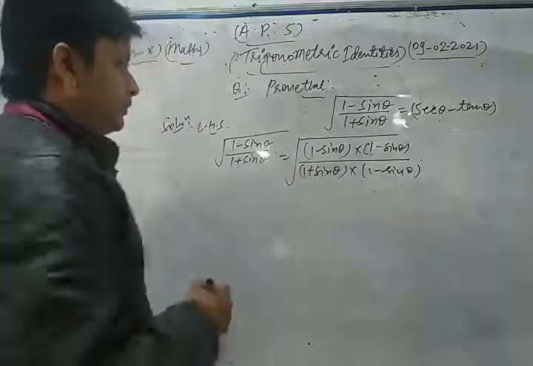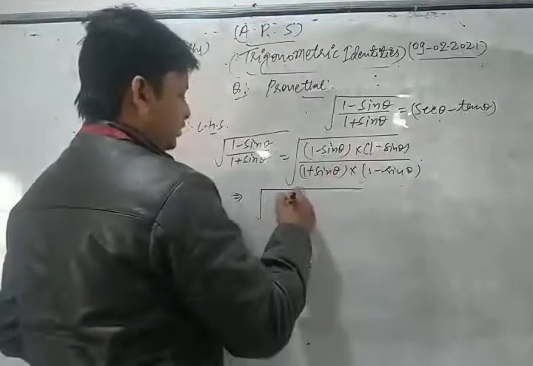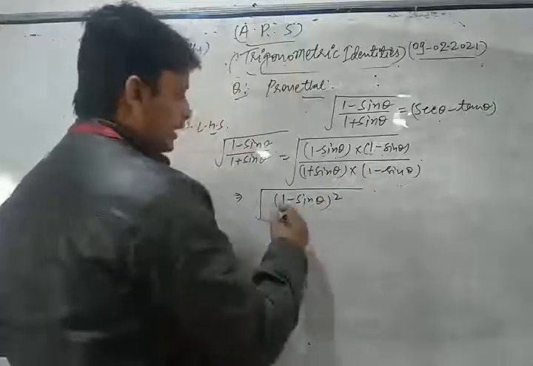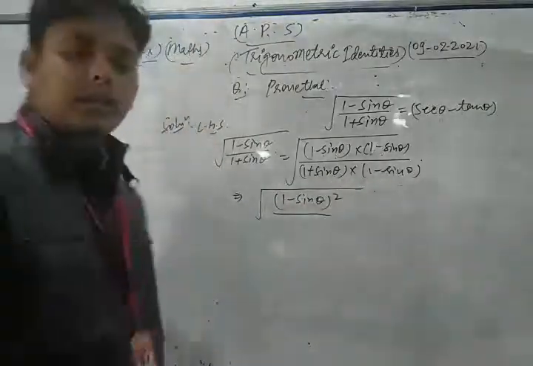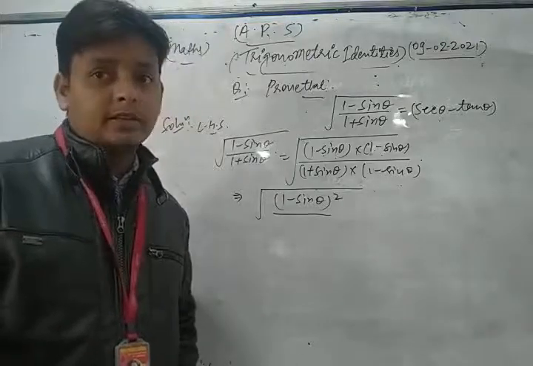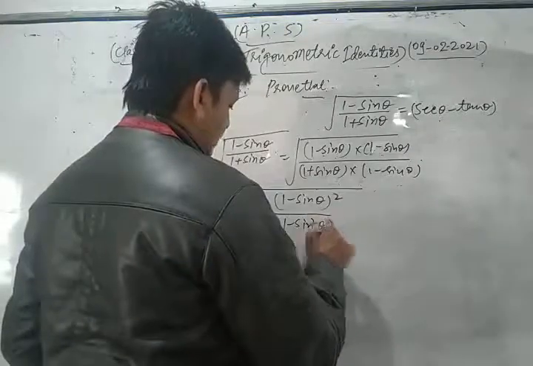Now we have 1 minus sin theta, 1 minus sin theta, which we write as 1 minus sin theta whole square, and in the denominator we have a plus b in one bracket and a minus b in another bracket. So we can write a square minus b square, that is 1 minus sin square theta.